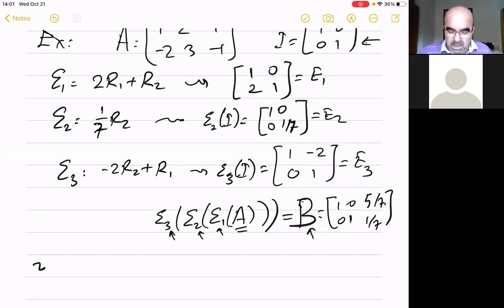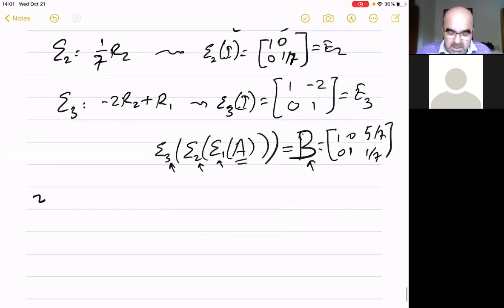Now, okay, good. We had this lemma last time that if you apply epsilon to a matrix, let's say A, it's the same thing as epsilon times identity times A, right?